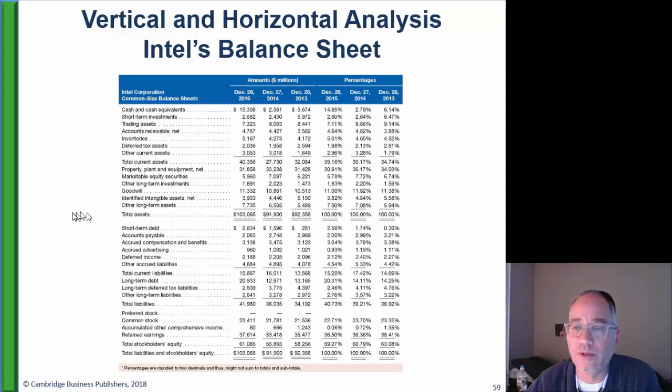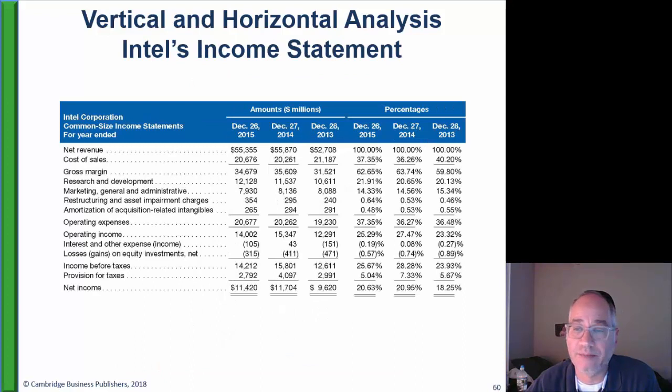What makes this useful is that it makes the different years more comparable. By comparing, say, cash and cash equivalents, you can see that cash in 2013 was only 6% of total assets, whereas in 2015 it was 14.8% of total assets. You can see that liabilities as a percentage of assets went up from 36.9% to 40.7%.